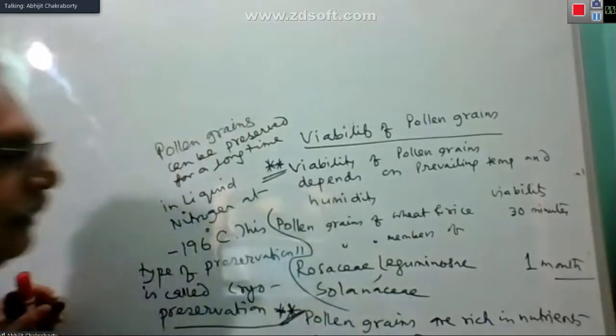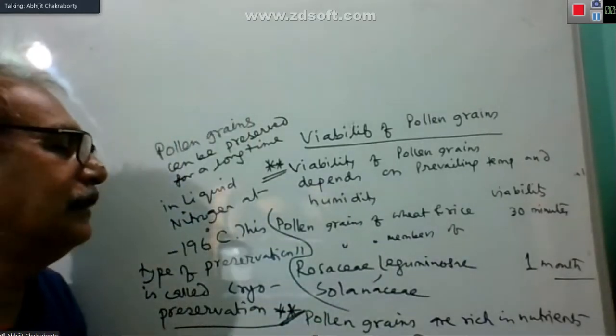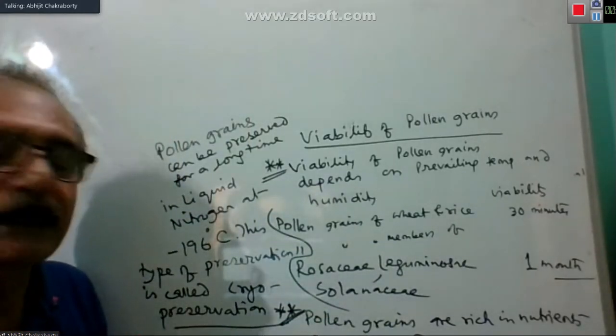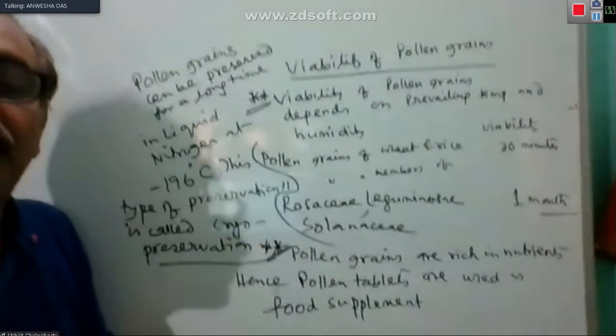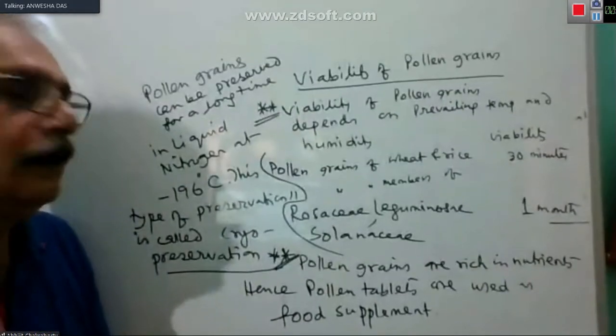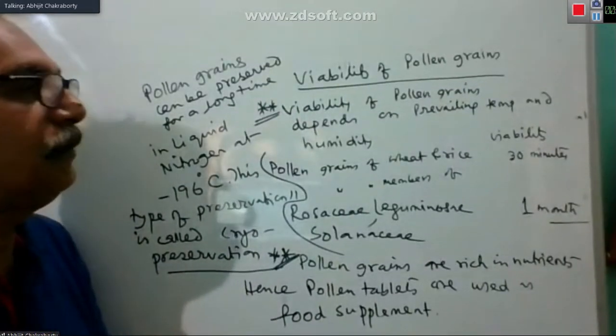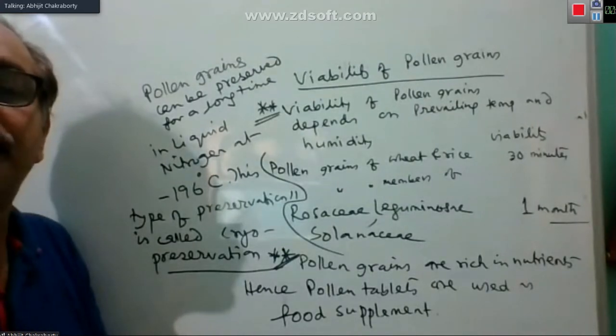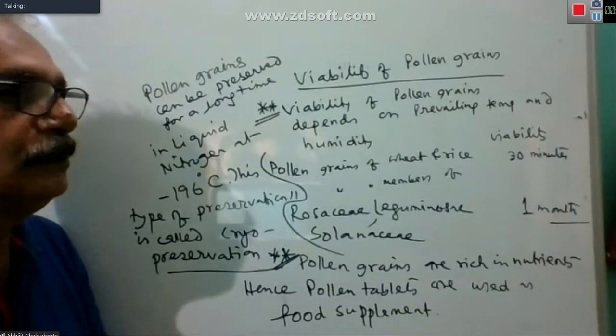And it is coming in the entrance. Pollen grains are rich in nutrients. As they are rich in nutrients, they will be used as food supplement. Clear now? So you need to remember this.